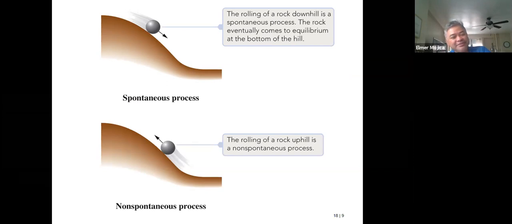At the end of this chapter, you will also learn the answer to the question, are diamonds forever? Anything that happens spontaneously in one direction is non-spontaneous in the reverse direction. When you put sugar in water, what will happen spontaneously?